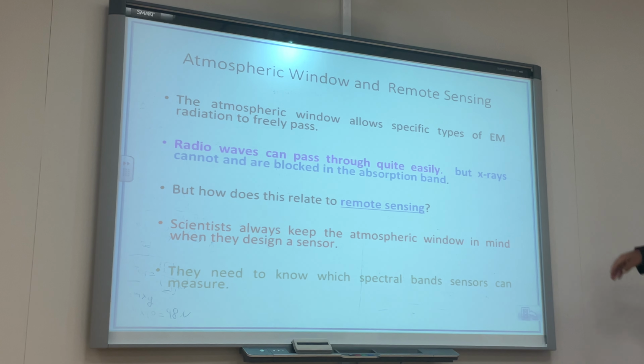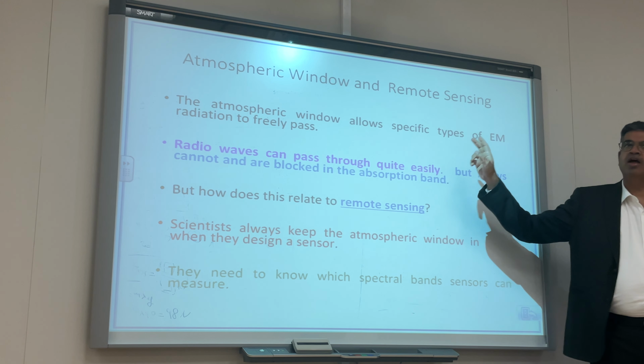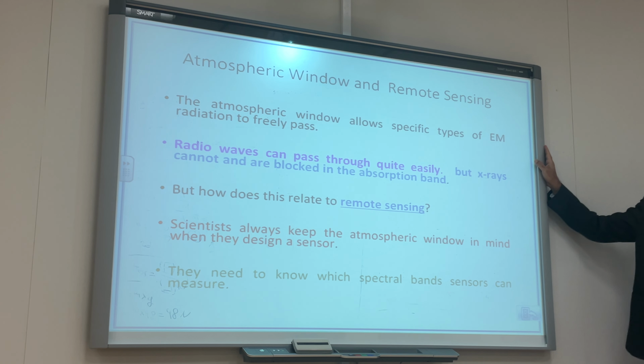So the atmospheric window allows specific types of electromagnetic radiation to freely pass. Radio waves can pass through quite easily, but X-rays cannot and are blocked in the absorption band. But how is the atmospheric window related to remote sensing?